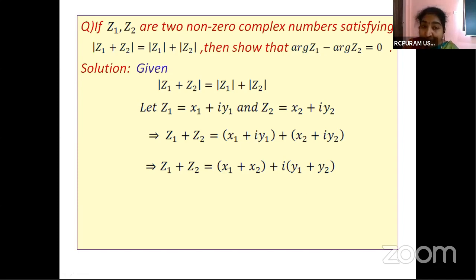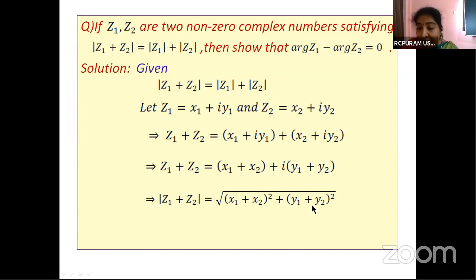We will take modulus of this because when you see the left hand side of the condition, you have modulus, isn't it? So we will calculate modulus of Z1 plus Z2, which is nothing but root of (X1 plus X2) whole square plus (Y1 plus Y2) whole square. Likewise, we will calculate mod of Z1. Mod Z1, you know Z1, right?